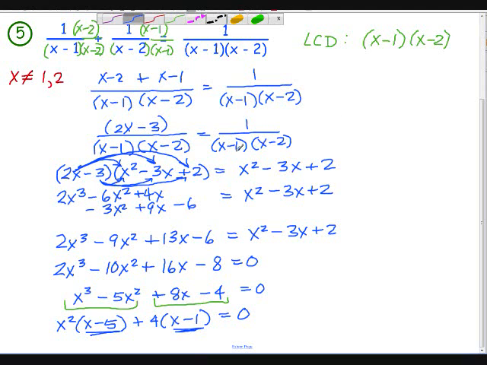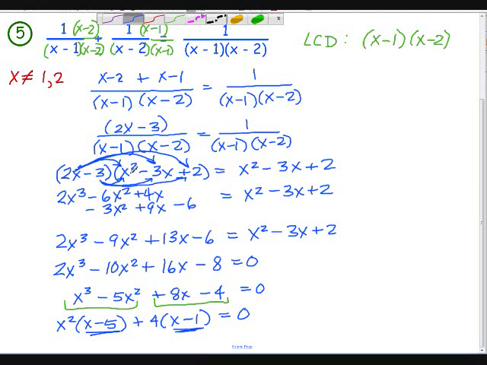X squared minus 3x plus 2. I did that correctly. And then I had cross multiplied. And when I wanted to make this into a polynomial, did I do it correctly? Let's see.